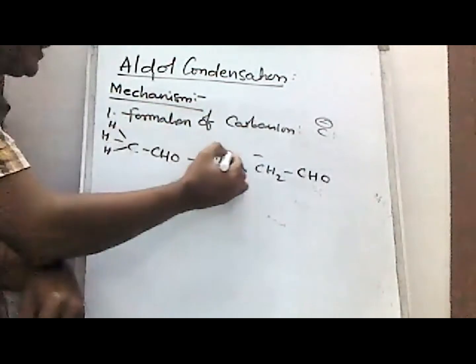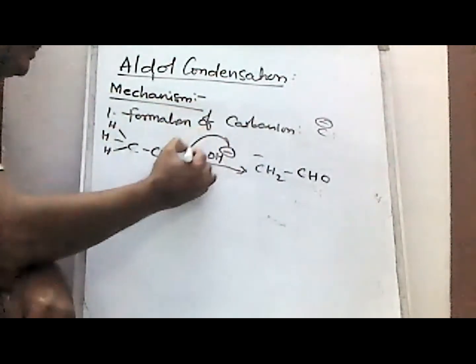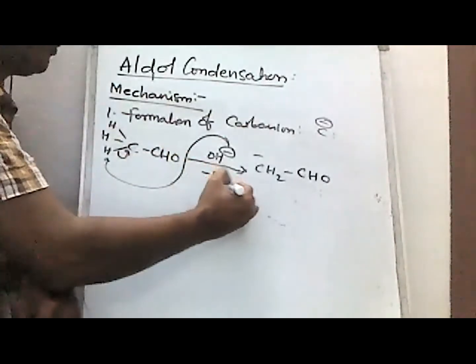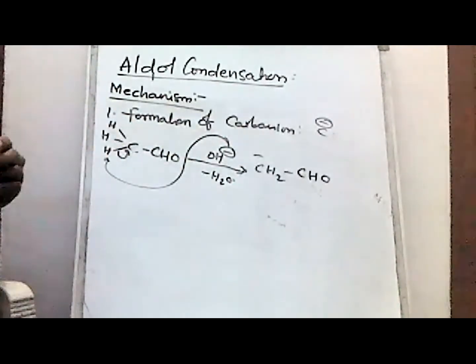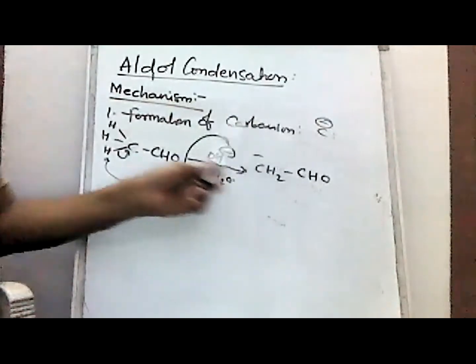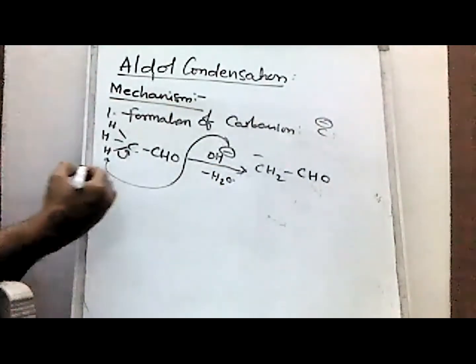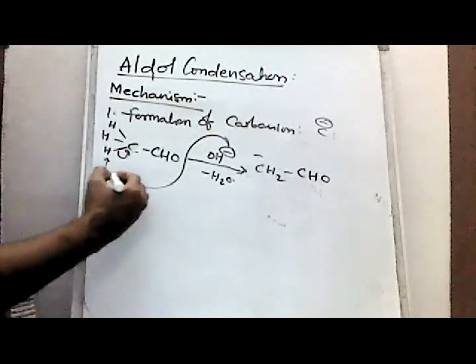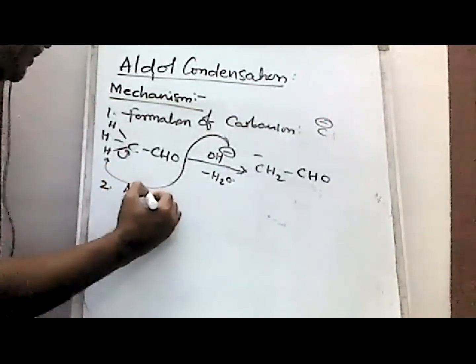This OH minus attacks this hydrogen and it loses it as a bond. The first step involves the formation of a carbanion.